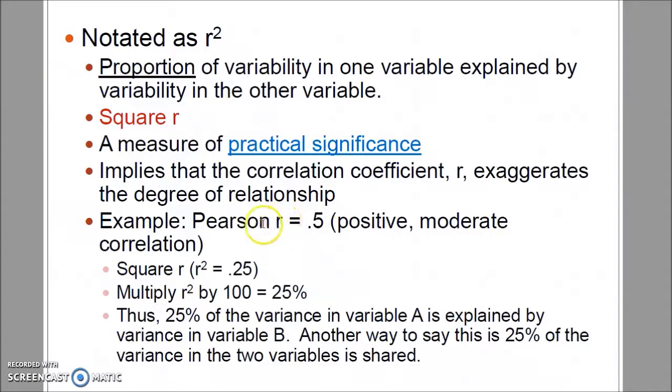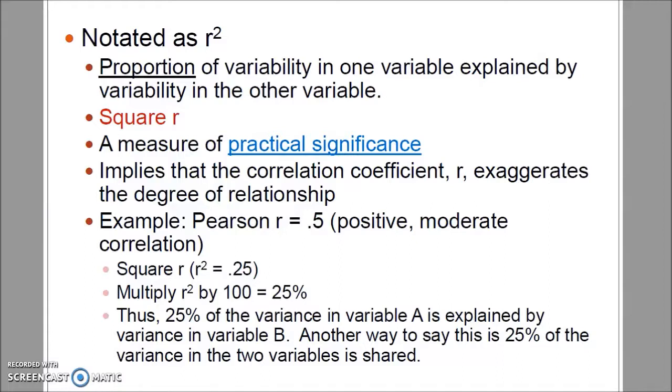So if your correlation coefficient is 0.5 and I square it, it would give me 0.25, and then multiplying by 100, that is 25%. So I could say that 25% of the variance in one variable can be explained by the other variable, which means that they are related by 25%. So think about it: if it is 0.8 and I square it, I get 64%.